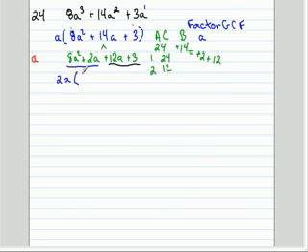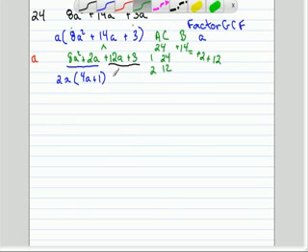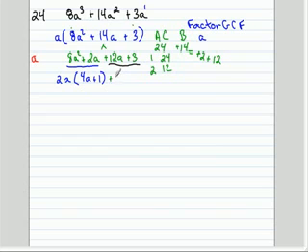Then I'll have 4a plus 1. In the back group, I'm going to take out a positive 3. Remember, I've got to get my parentheses to match, so I know that if this is going to work, I have to have 4a in front and a 1 in the back. So that is 4a plus 1.